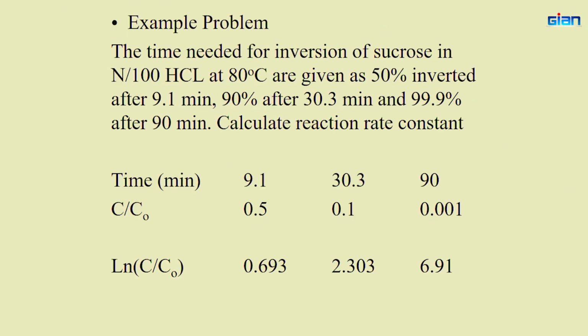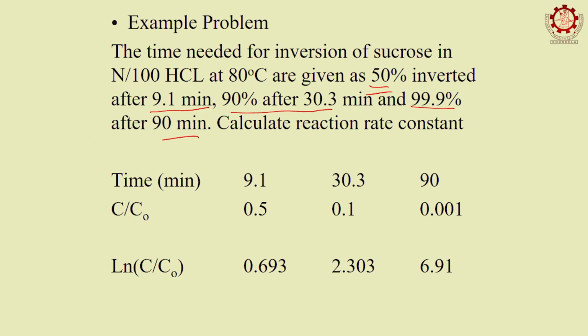So here's an example problem. I have sucrose being inverted at 80 degrees Celsius. It's about 50% at 9.1 minutes, then 90% after 30.3 minutes, and 99% after 90 minutes, and then you calculate the reaction rate constant.